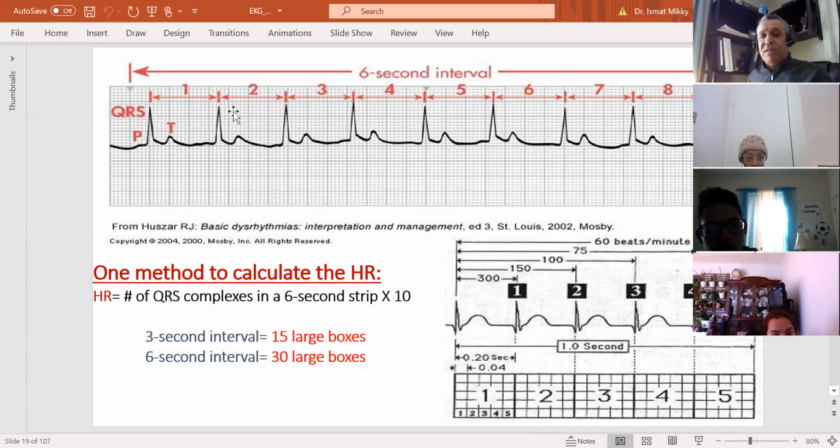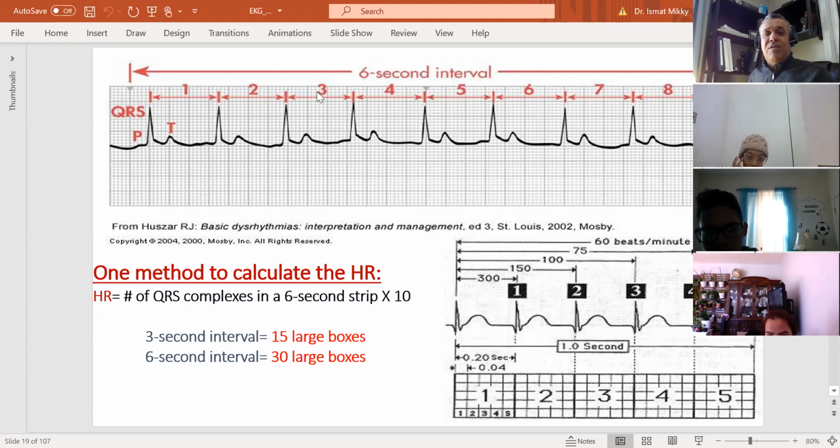So if the R wave falls in here, your patient's heart rate will be 75. See number 4. If your patient's R wave falls in like this, the first one here, and then the next one right there.